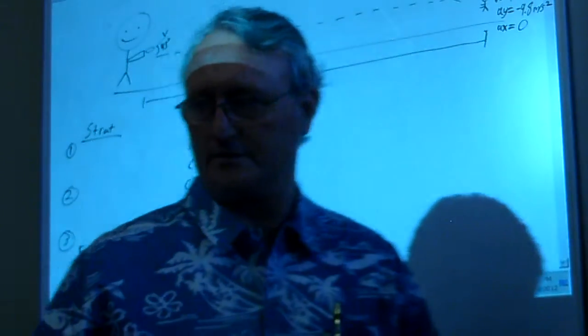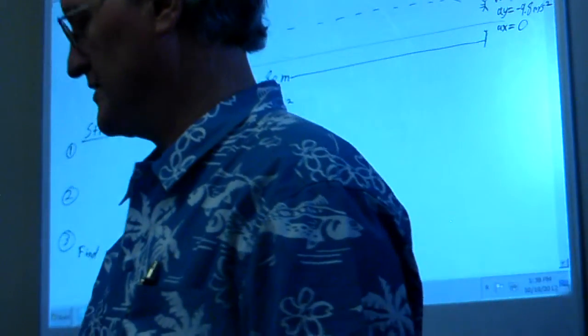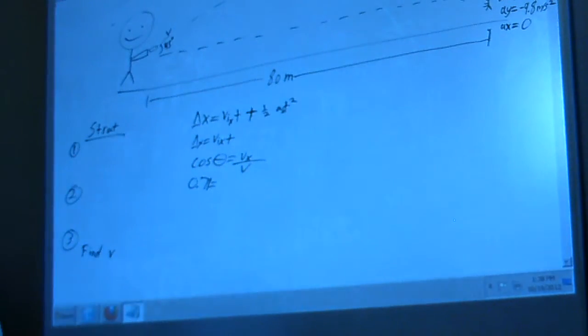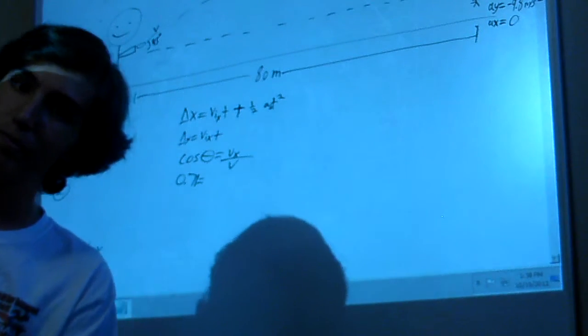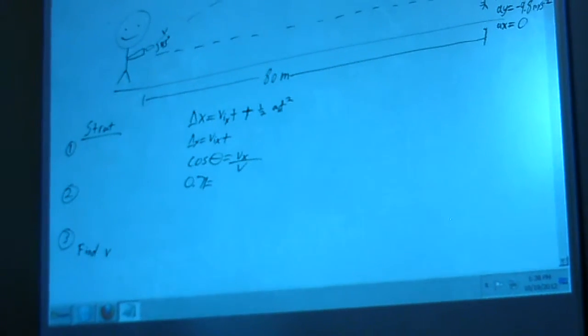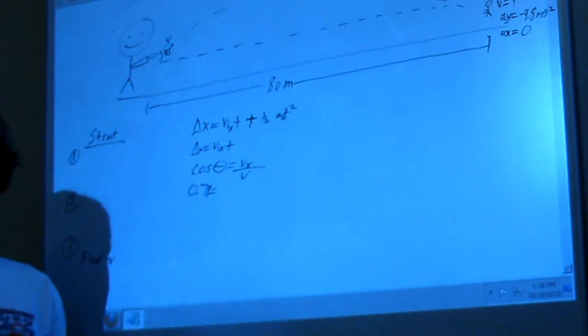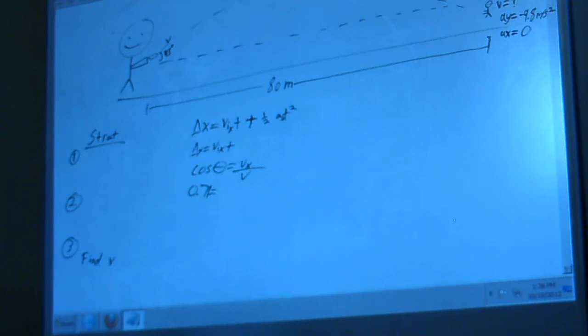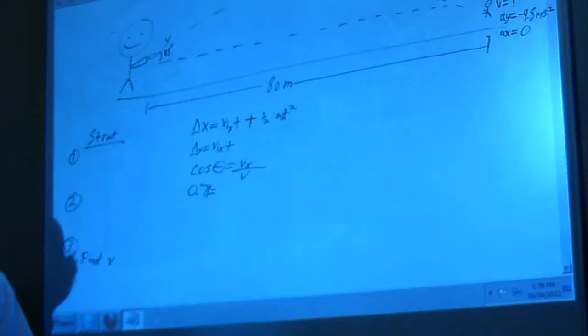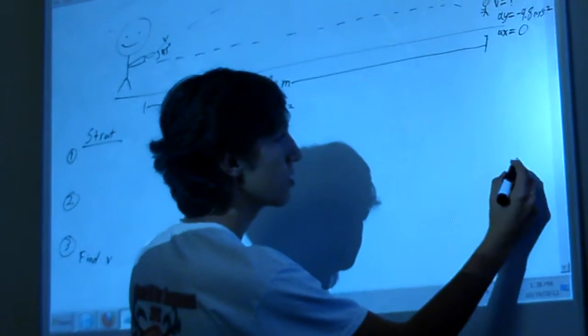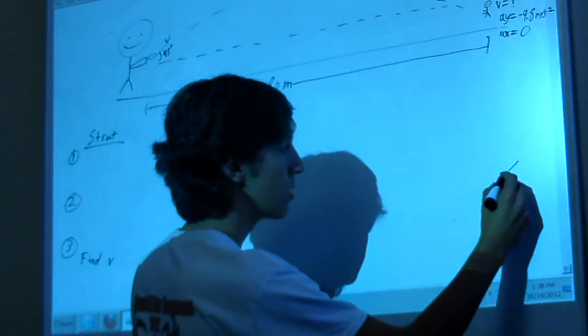So that's your cosine of 45 degrees. What's the sine of 45 degrees? You shouldn't need a calculator for that. It's opposite over hypotenuse, right?